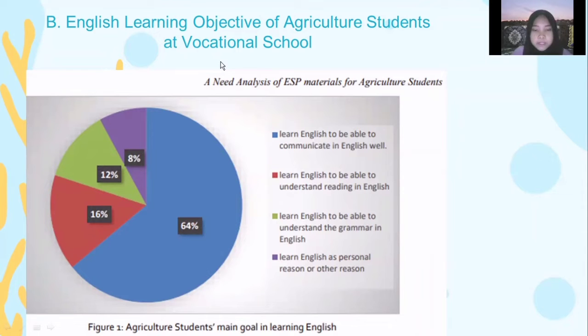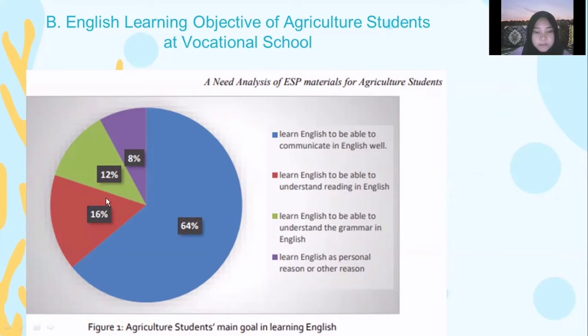The result of the first question, about the main objective of agriculture students in learning English: 64 percent of students chose to learn English to be able to communicate in English well. Then about 16% of students chose to learn English to be able to understand reading in English.